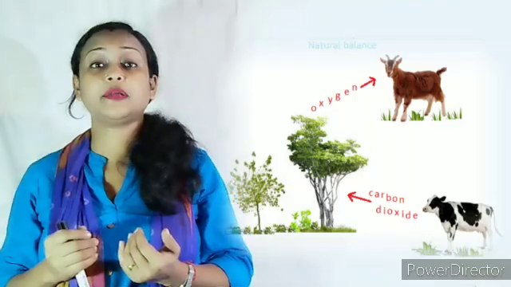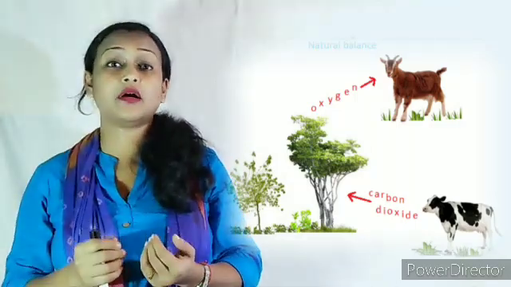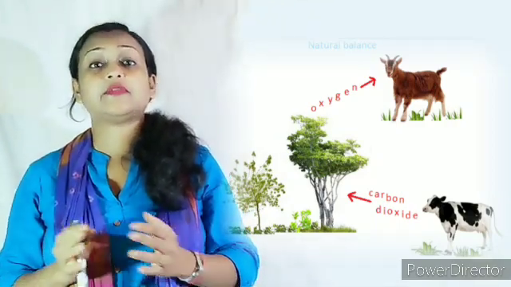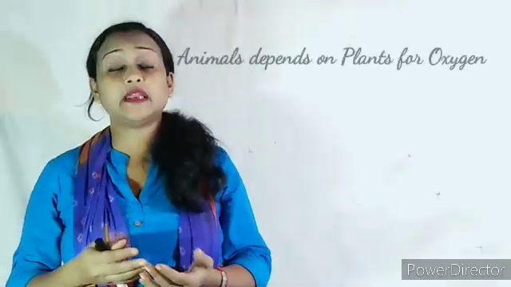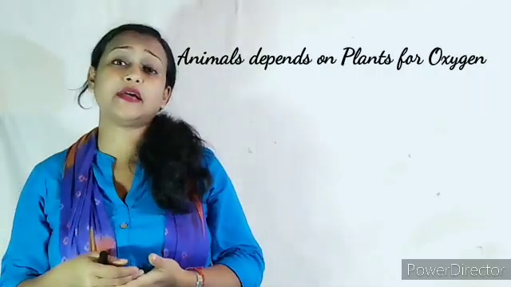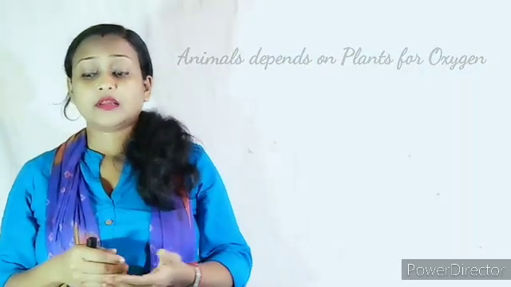Will we human beings or other animals be able to survive? No, because there will be no oxygen and all will die. We depend solely on plants for the supply of oxygen, which is produced by the plants during the process of photosynthesis.